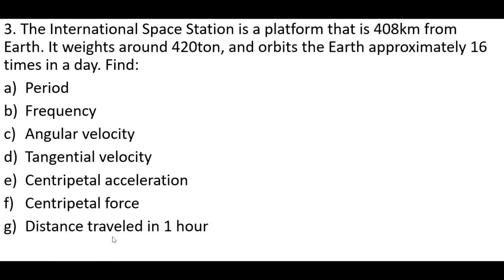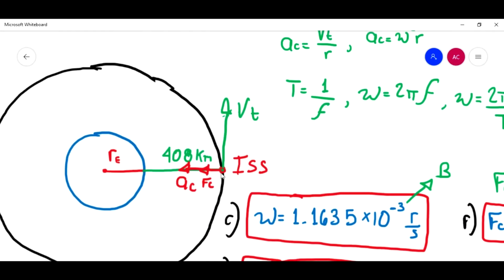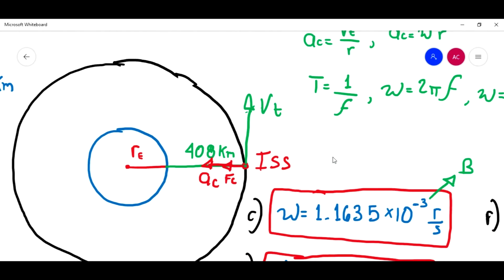Okay, now the distance traveled in 1 hour. Now the distance traveled, remember that is this distance over here. I mean, it's not the radians, okay, because radians is an angular distance or a circular distance, if you prefer calling it that way.